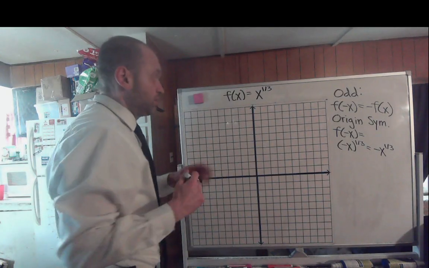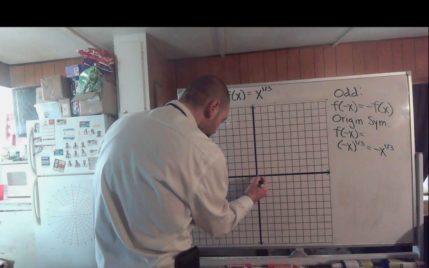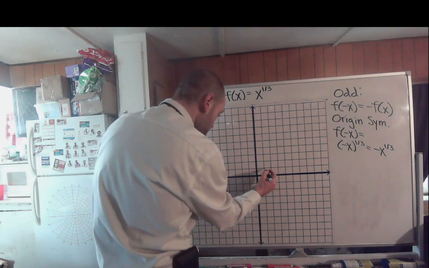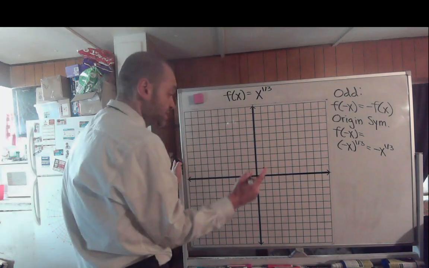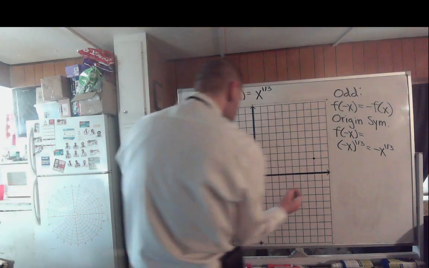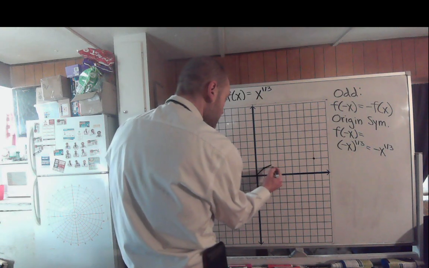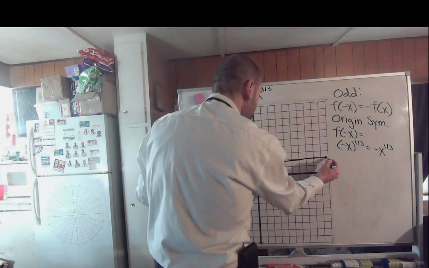Now graphically, what do we have? So 0 to the 1/3 is 0, 1 to the 1/3 is 1, 8 to the 1/3, that's 2. So to the right, it goes this way.